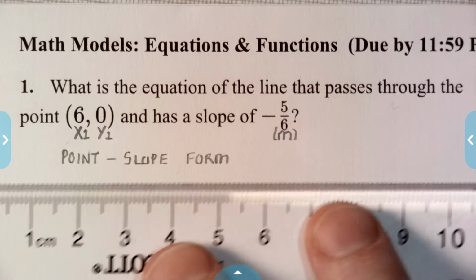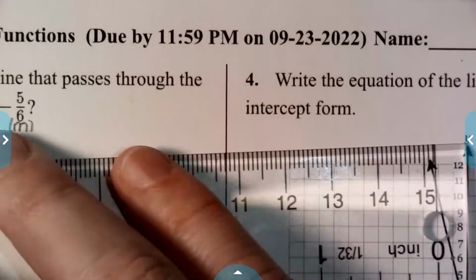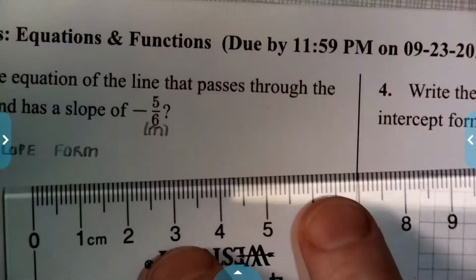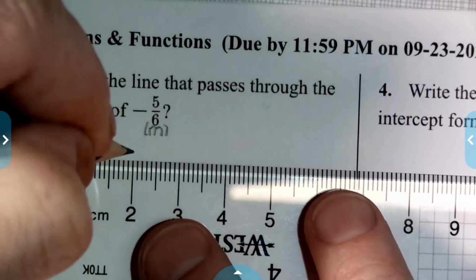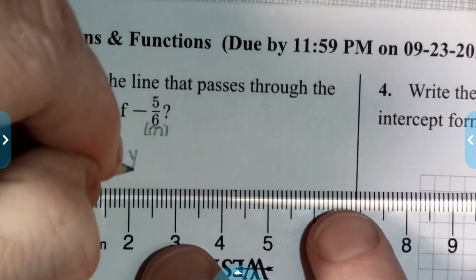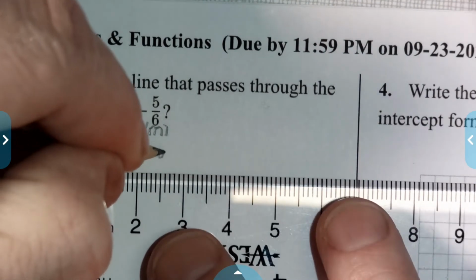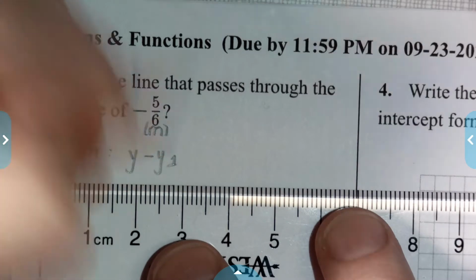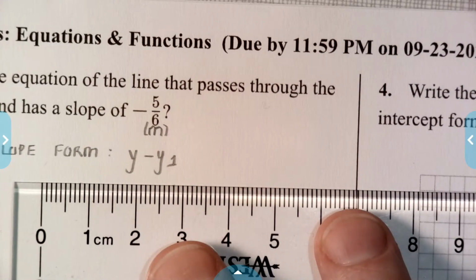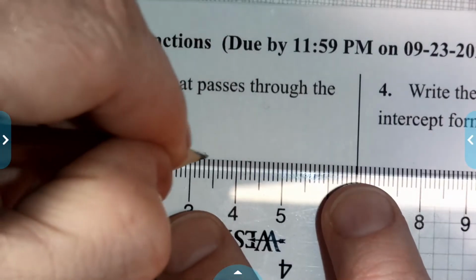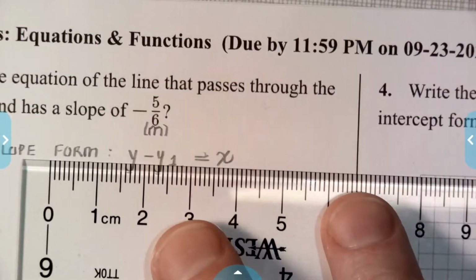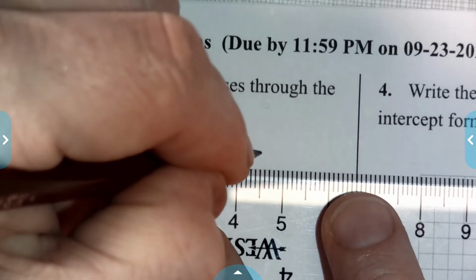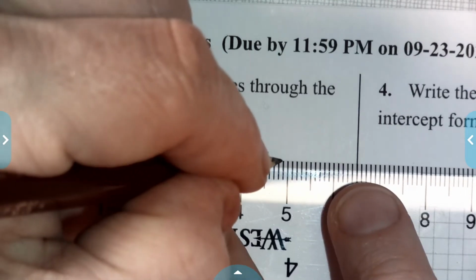And that form is y minus y1, okay, so there's that y1 value, equals m, open parentheses, x minus x1.